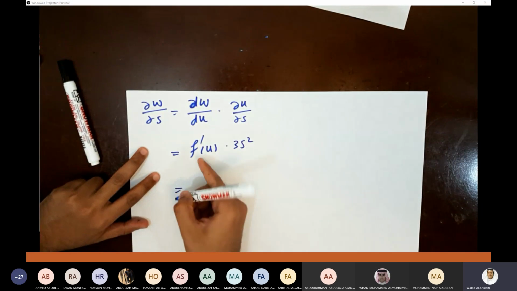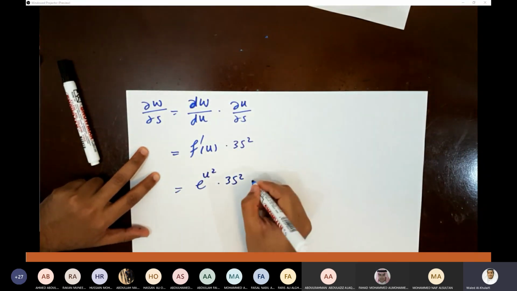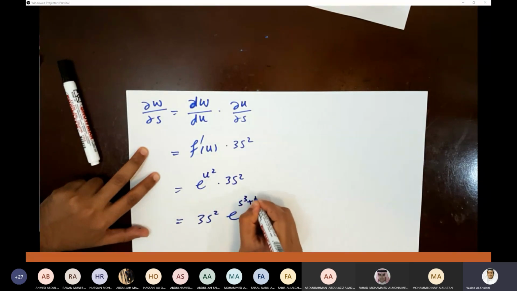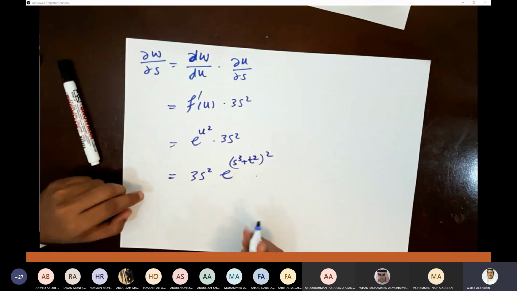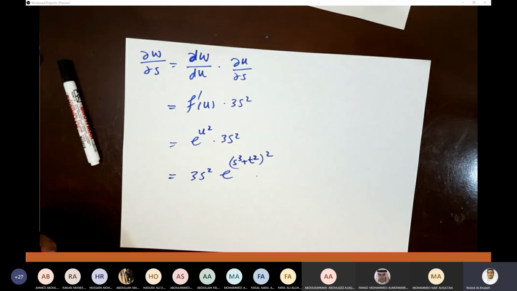And remember that this is e^(u squared) times 3s squared, and this is equal to 3s squared e^((s cubed plus t squared) all squared). I just substitute u from the previous one. Right, and that's it. Any question here?